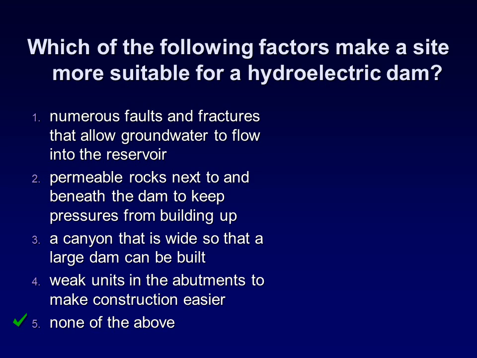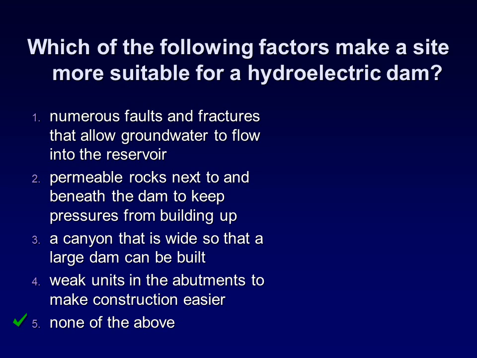But even next to the dam is going to cause a problem for losing water. So you always want to have impermeable rocks, meaning there's no faults, there's no fractures, there are no pore spaces. Water doesn't move through the rocks. So it's not that one.